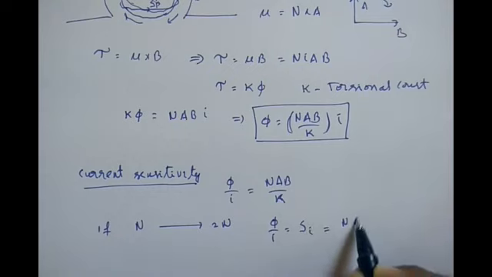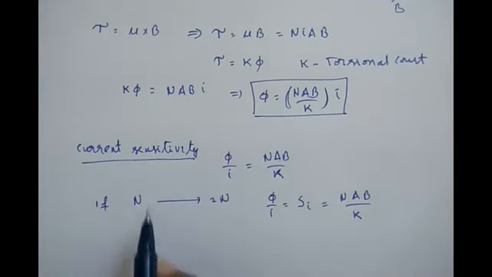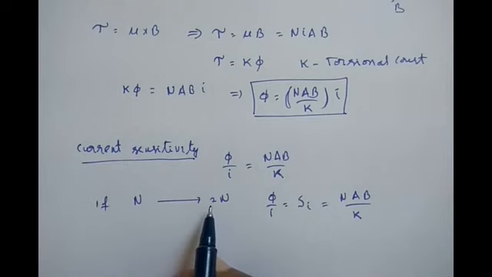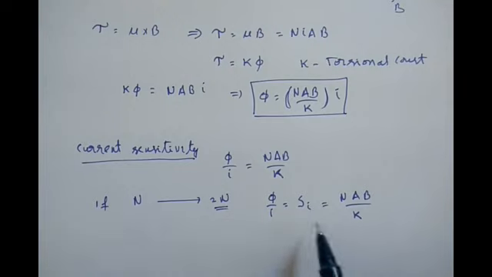That equals NAB by K. I am only changing the number of turns. In the first case, this is the current sensitivity when the number of turns is N. Now in the second case, the number of turns is 2N, and let us say the sensitivity is S_I prime. Then you get 2NAB by K.